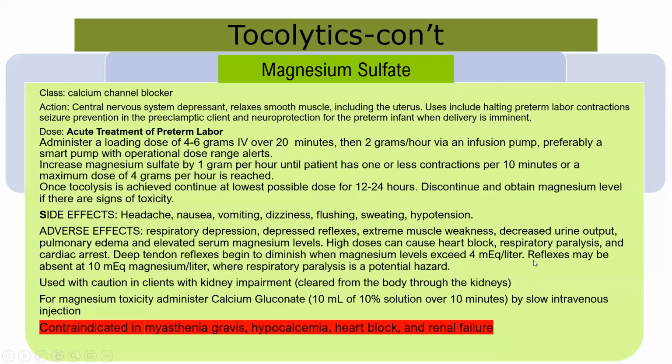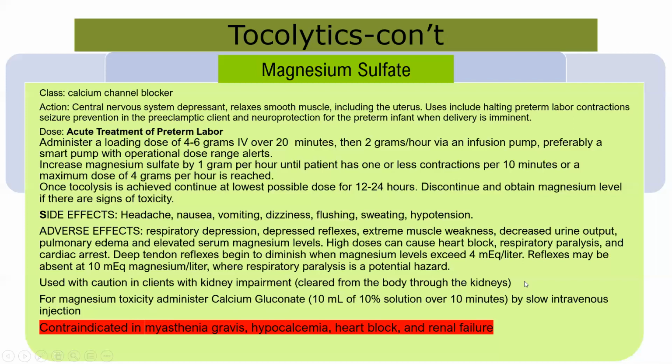We want to make sure that we're checking those reflexes, because the reflexes will be the first thing that goes. We want to make sure that we're checking their urine output, because the magnesium sulfate is cleared through the kidneys. And if we have decreased urine output, then that magnesium sulfate will be building up, building up, building up. So we are looking for a therapeutic value.